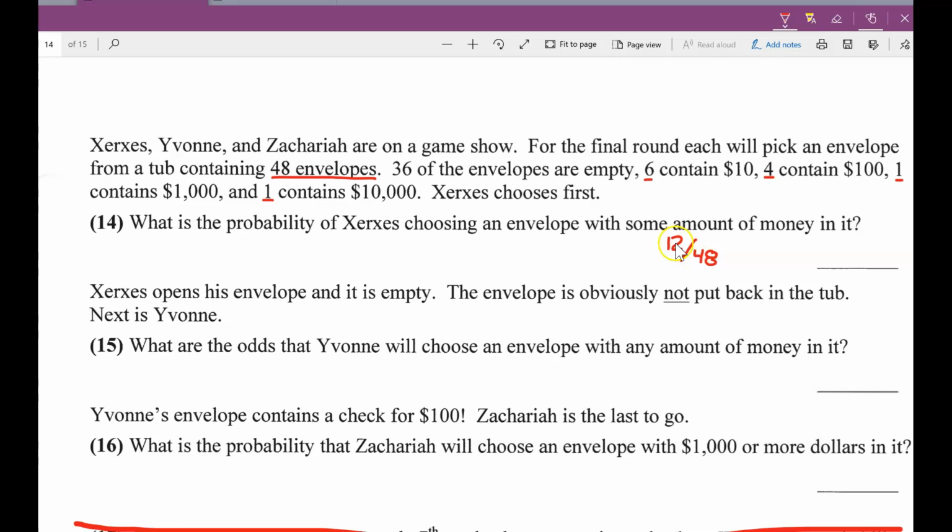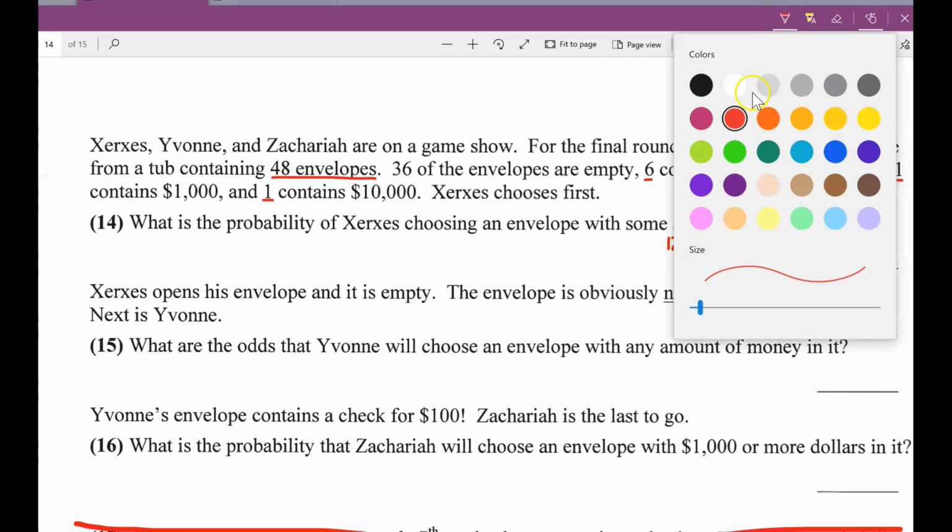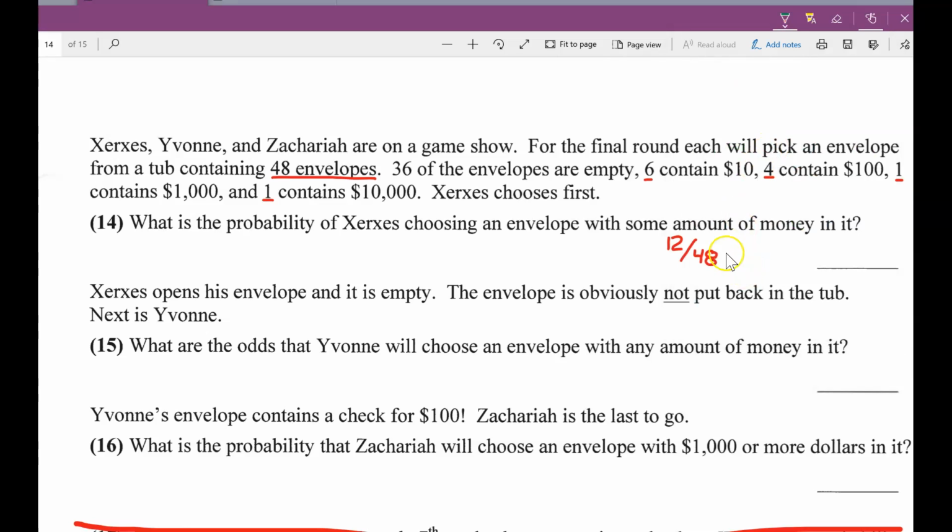So our probability is 12 out of 48. Once we have that, we need to check if we can simplify. Well, 12 and 48 are both divisible by 12. 12 divided by 12 is 1, and 48 divided by 12 is 4.